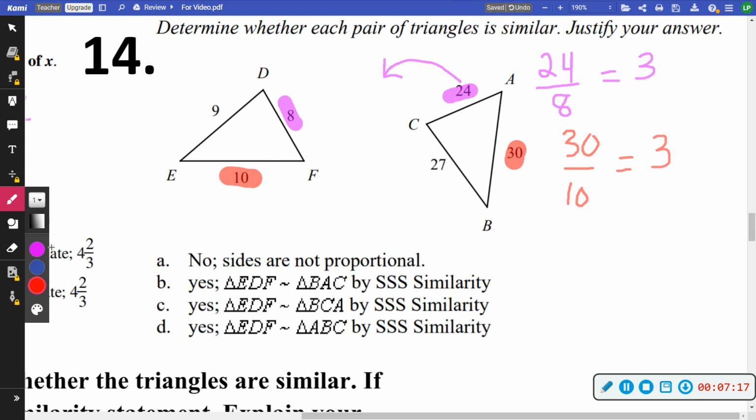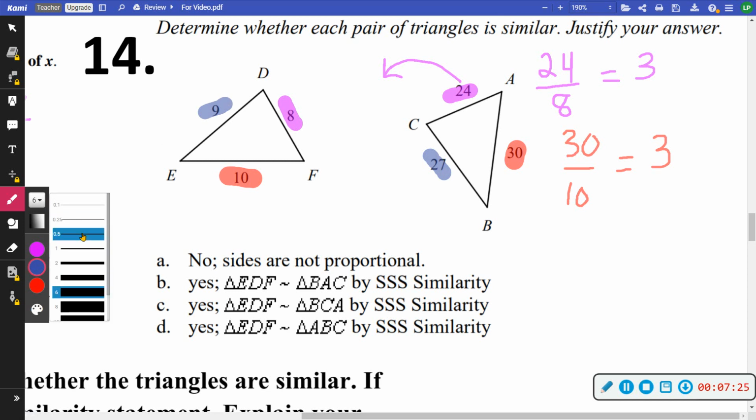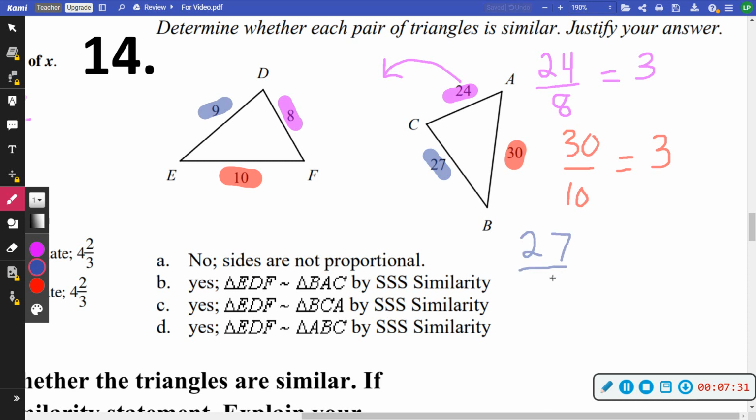We're going to check the middle number, 27 over 9, the same proportion. What is 27 over 9? That is also 3. So what does that mean?